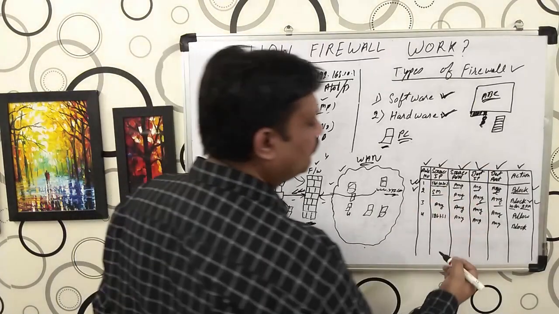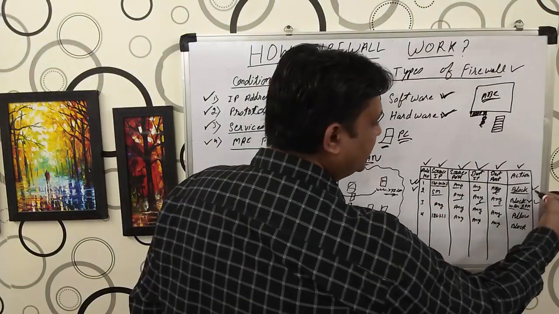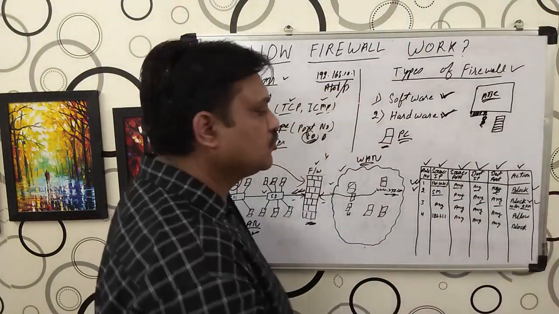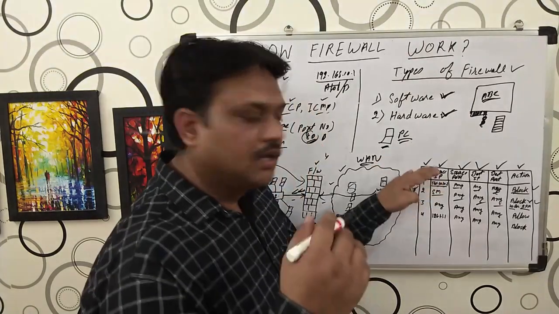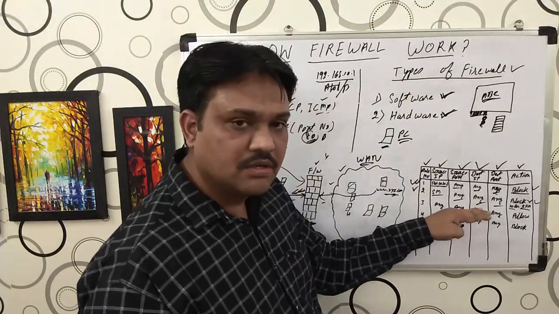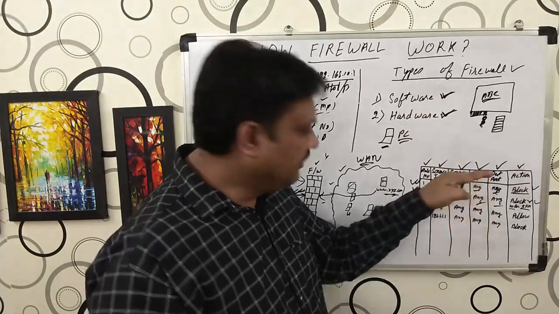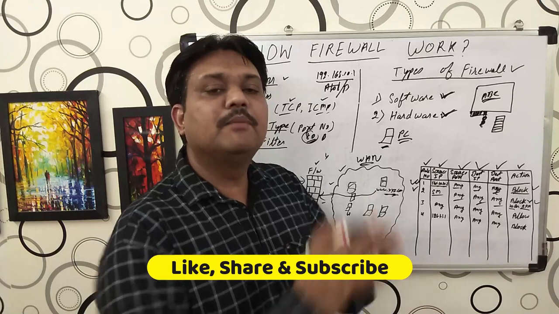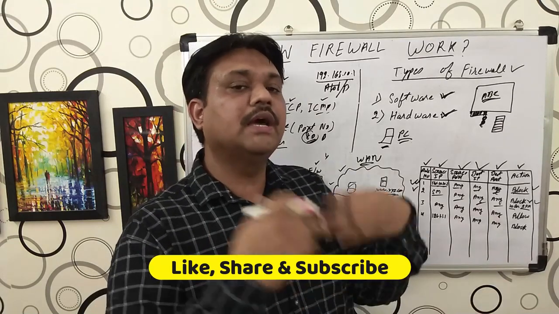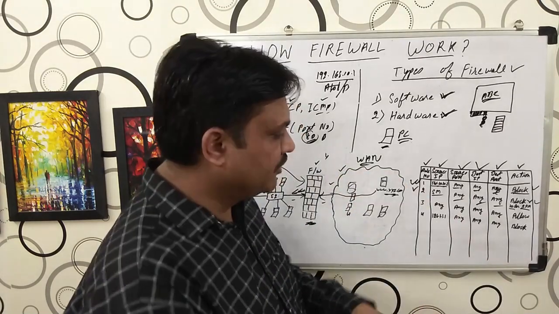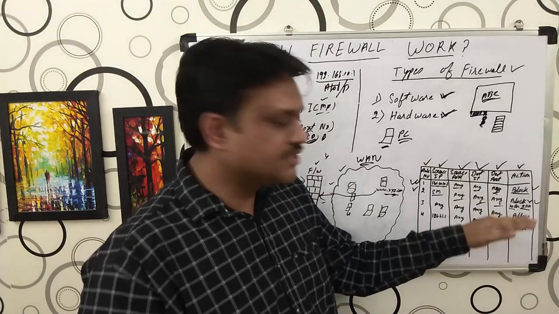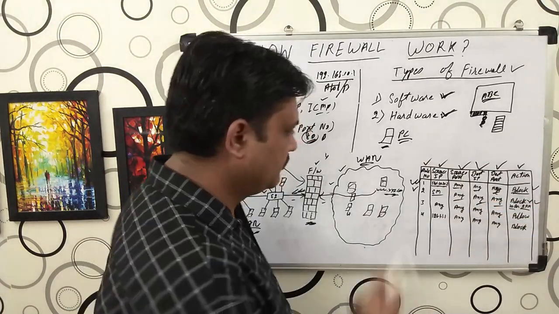Same way our firewall works. If you have given only block conditions, it will just check the list. If the condition is found, it will take action. If the condition is not found, it will automatically block the entire traffic which is not matching your list.